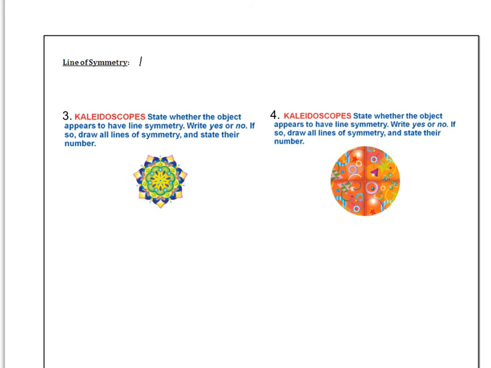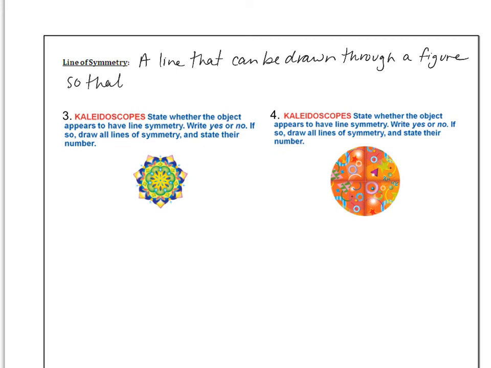A line of symmetry is a line that can be drawn through a figure so that one side of the figure is the reflection image of the other side.